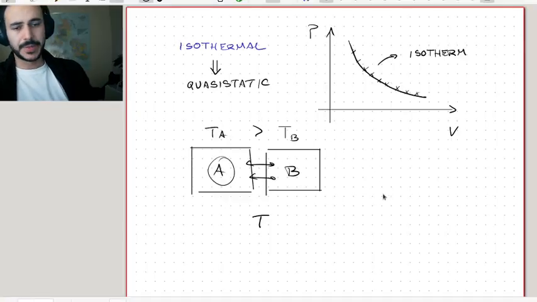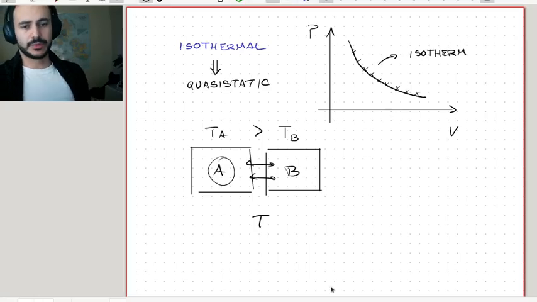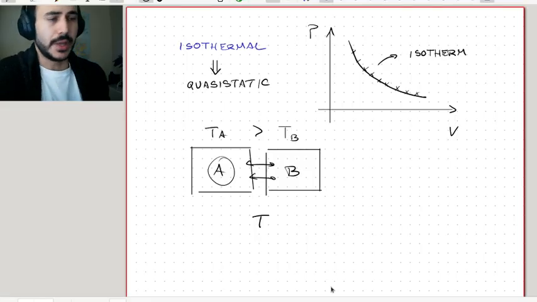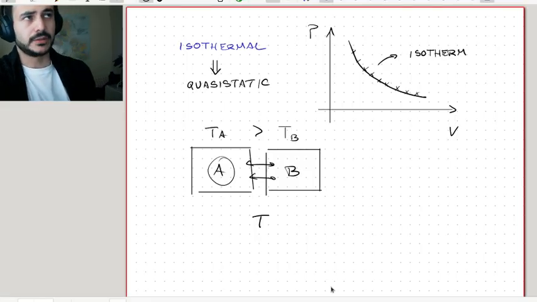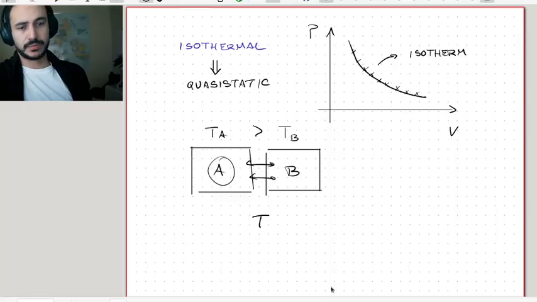Okay, but imagine that system B here is just absolutely huge compared with system A. Then it is possible that the change in the temperature of the large one is going to be something, but it's going to be not detectable. For all practical purposes, the large system, because it's so large, is not perturbed by the little amount of heat that it has absorbed or released into the smaller system.